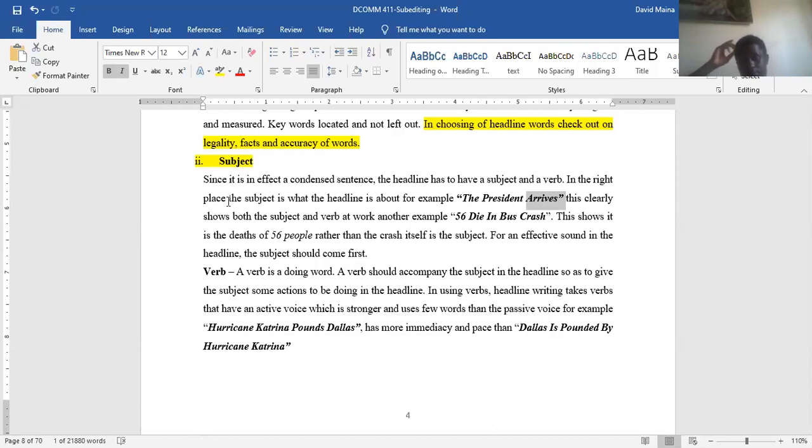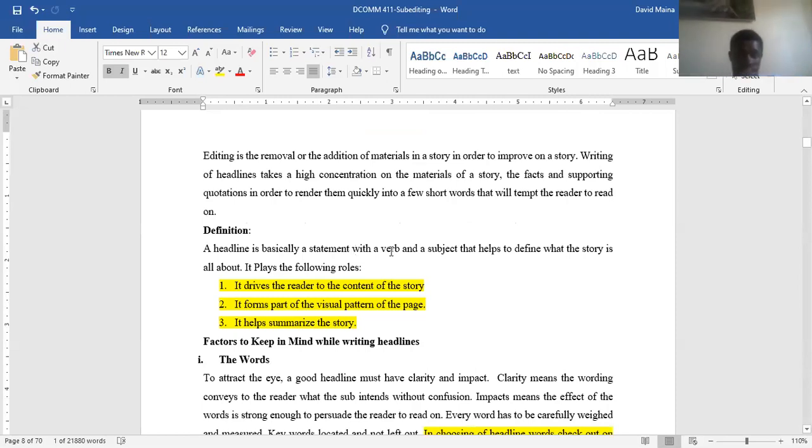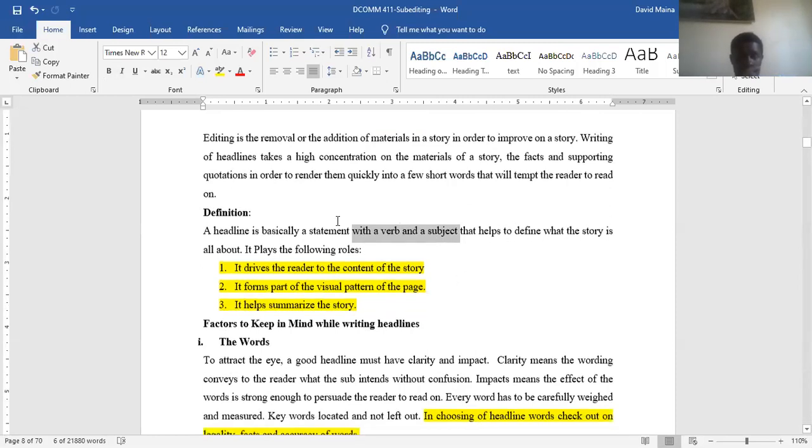Because we have defined a headline, let's go back to where we defined headline. We said it is a statement with a verb and a subject that helps to define what the story is all about. So therefore your headline must have a verb and a subject.